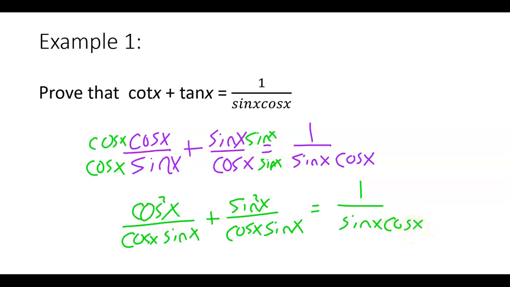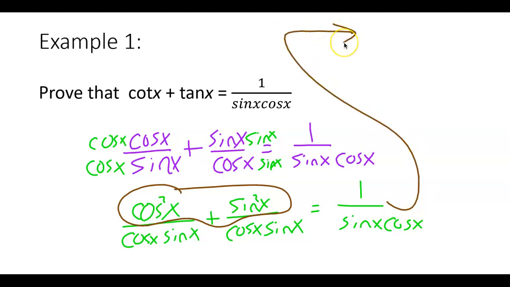sine x cosine x. All right, now that I've got a common denominator, I can go ahead and combine my numerators together, can't I? So if I do that, I'm going to show my work up here. I would have cosine squared x plus sine squared x over cosine x sine x.